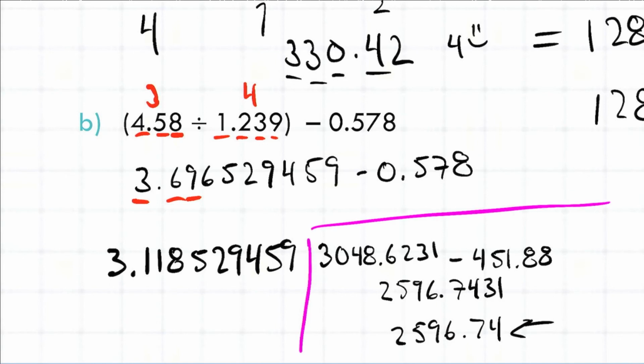But because in our intermediate step we only had 3 significant figures and 2 significant decimal places, our result will have 2 significant decimal places. So we will round to 3.11, and then because this is an 8, we'll round up. 3.12.